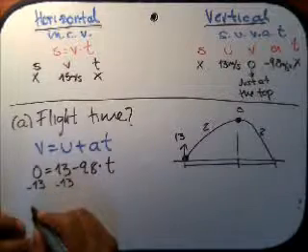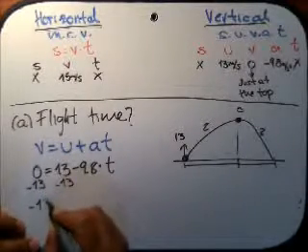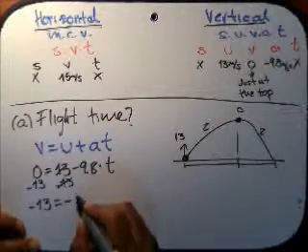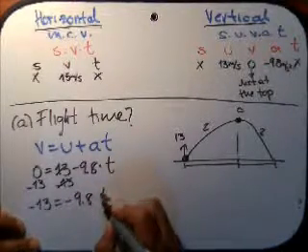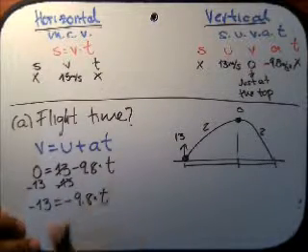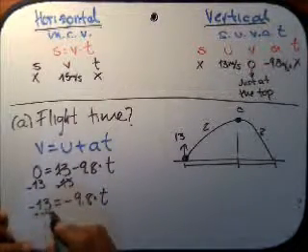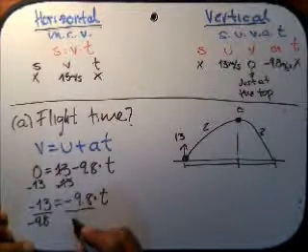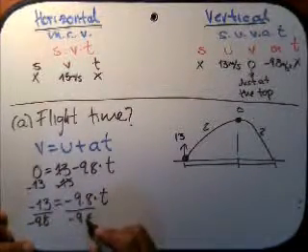0 minus 13 is negative 13, then this 13 cancels and I get minus 9.8t. And now, because the negative 9.8 is multiplying the t, I just divide over negative 9.8, divide over negative 9.8.